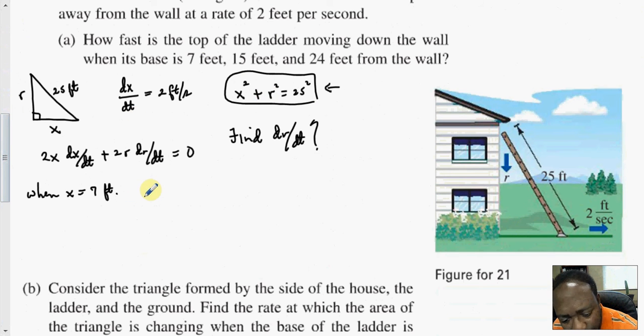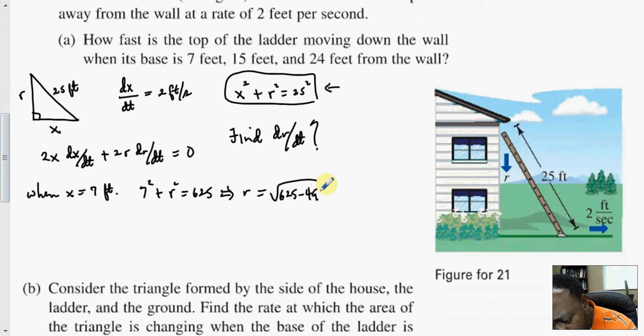And so we have 7 squared plus r squared is equal to 625. That implies that r is equal to the square root of 625 minus 49, and on your calculator, you calculate that to come out to be 24 feet.